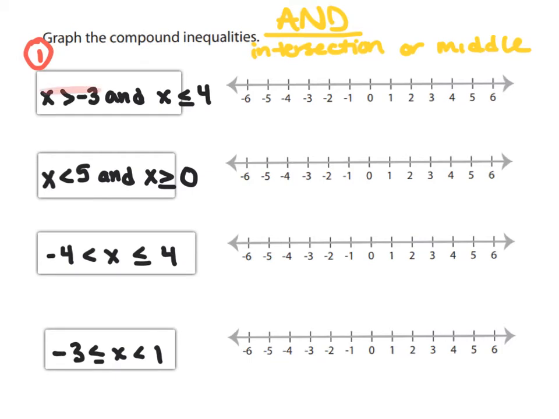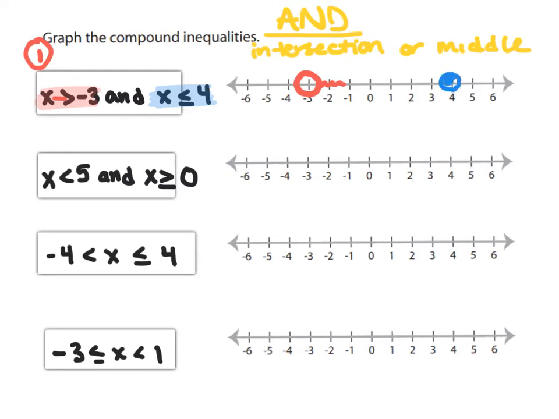So if I have x is greater than -3, I'm going to find -3. I'll put an open circle at -3 and start to shade a little bit to the right because my arrow is pointing to the right. Then, for the second part, I have x is less than or equal to 4. So I can find 4.